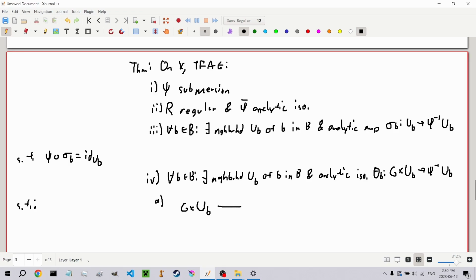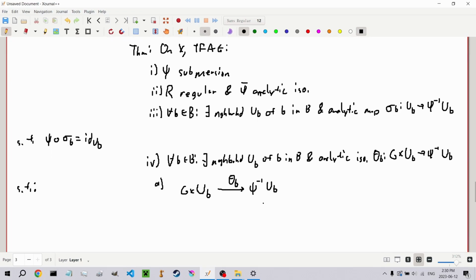We can send this by theta B, we know, isomorphically to C inverse of UB, which we can then send by C to UB. But we can also just send it directly there by our second projection.